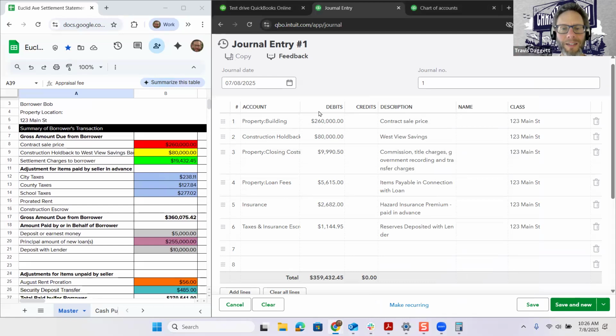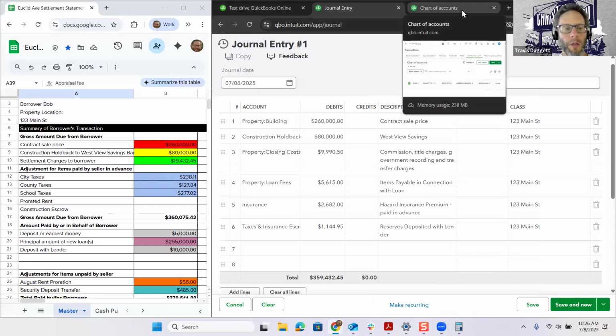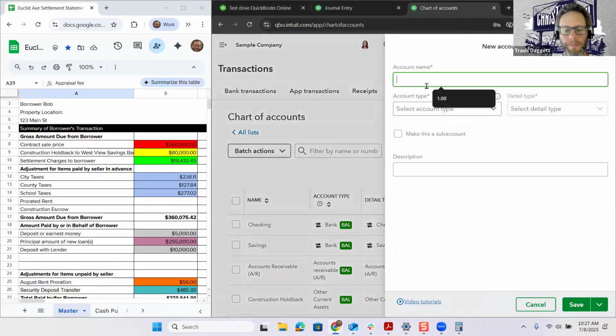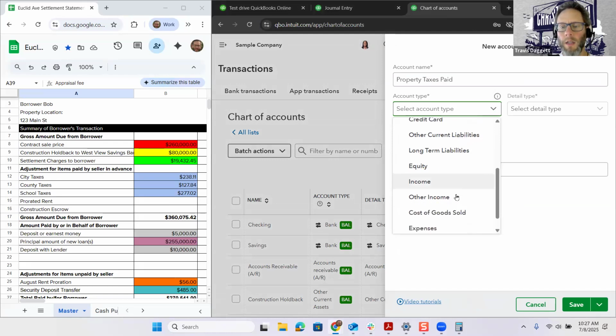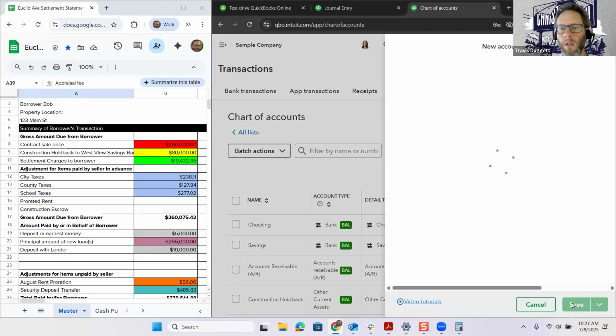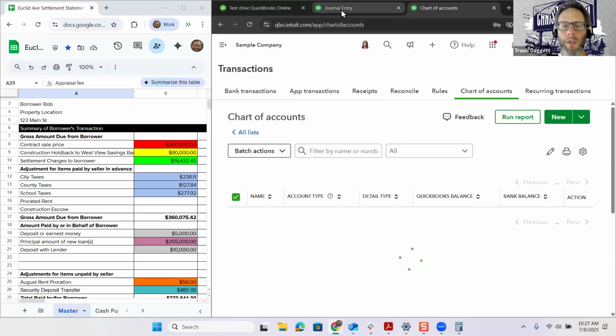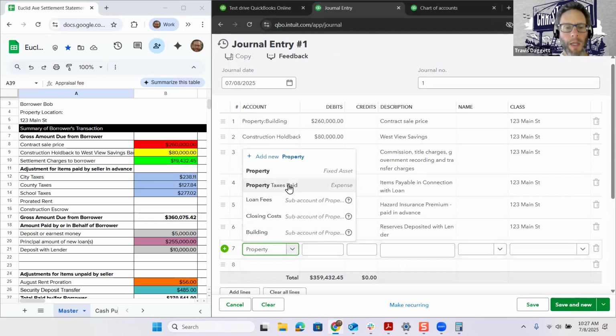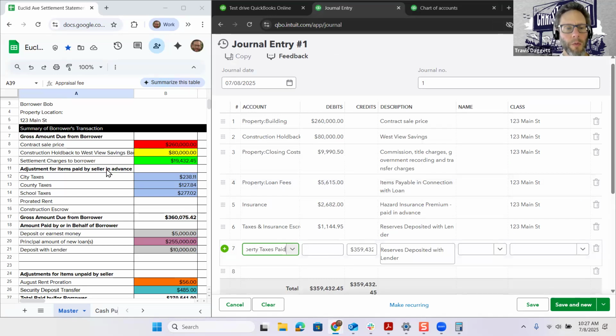Now we have some taxes. These are, we'll call them property taxes. And we'll enter a separate line for each one to make it clear. So we have property taxes paid. So these were paid by the seller in advance. Now, as the buyer, we're paying them, so we're going to expense them.